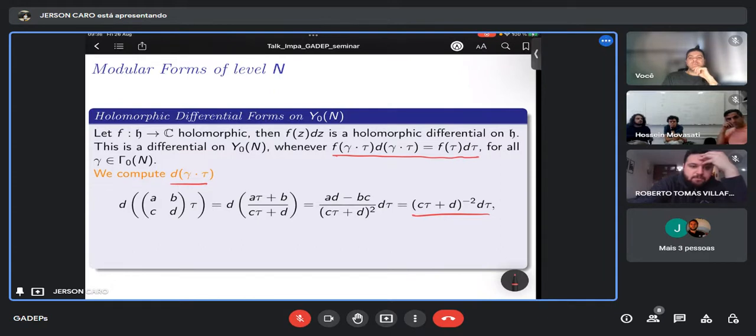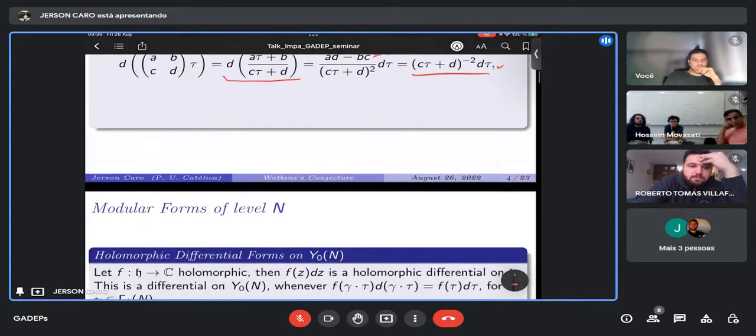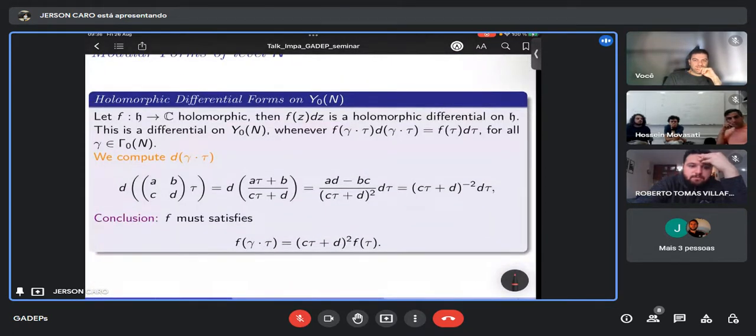It's easy: here is the quotient rule for the derivative, and ad minus bc is the determinant, which is 1. For this reason we have this relation. So this is the first relation that we need for f(tau) d tau to be a differential on Y_0(n).